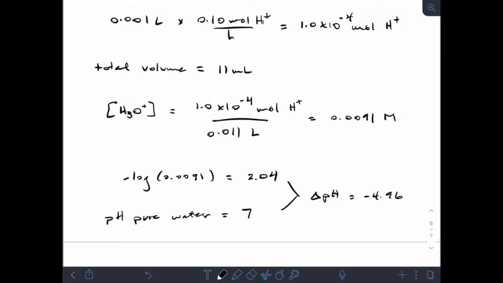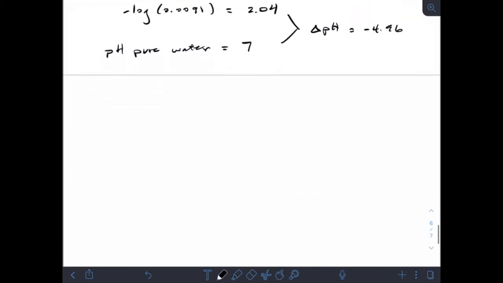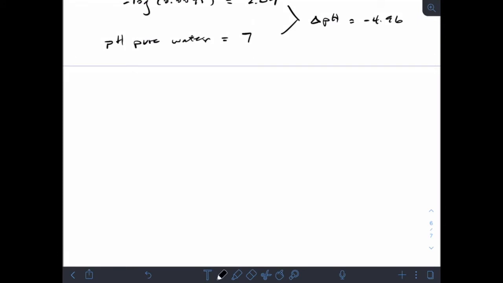Right, now let's take a look at what happens if we add 1 milliliter of acid to 10 milliliters of buffer. And like I said, we're going to use the buffer from the previous example. So we had nitrous acid, and it's a weak acid, so we make it an equilibrium.